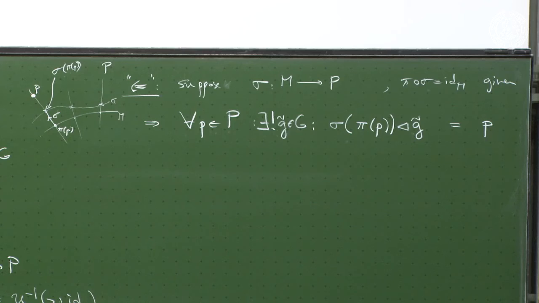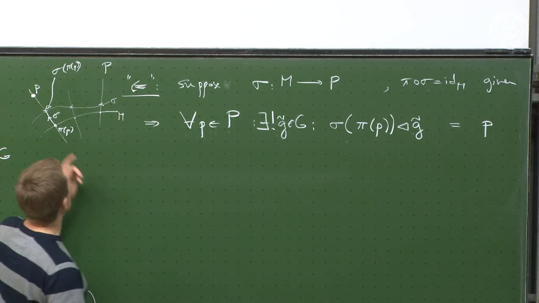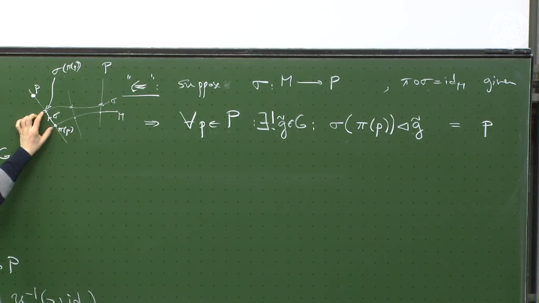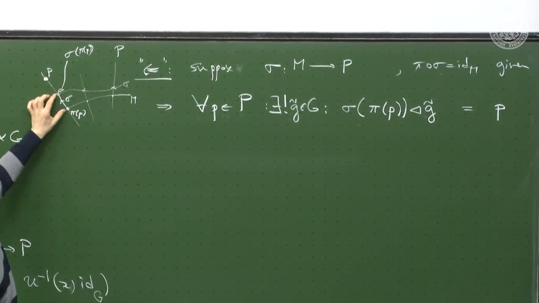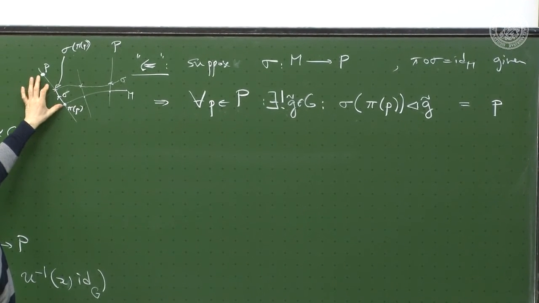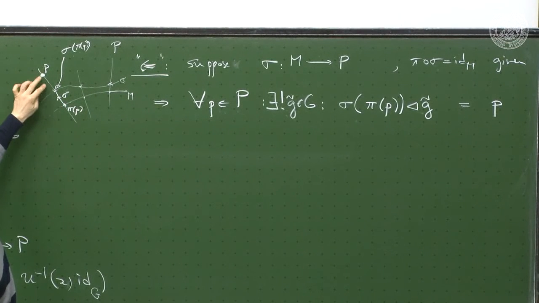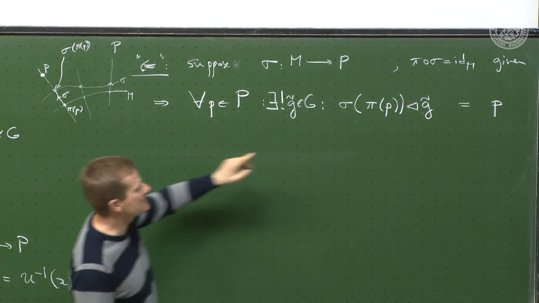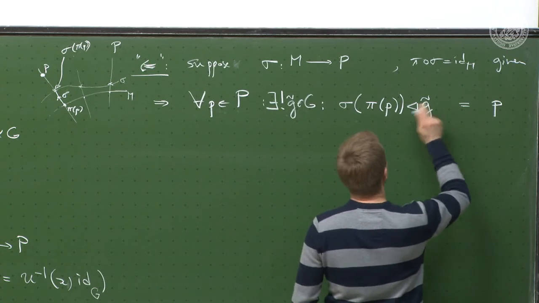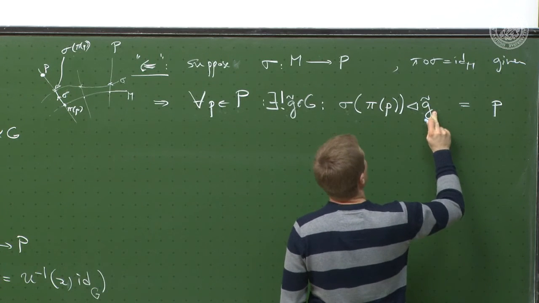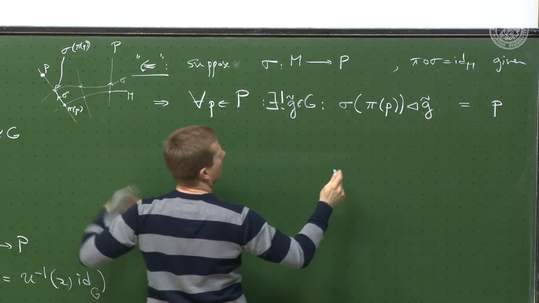Okay, so now if you talk about this G twiddle, the question is, what determines the G twiddle? Well, certainly it will depend on how you chose which section you have, because if you have another section but the same point here, you need to have another group element bridging the gap, right, by this action. So this G depends on the sigma, but it also depends on the point where you want to go.